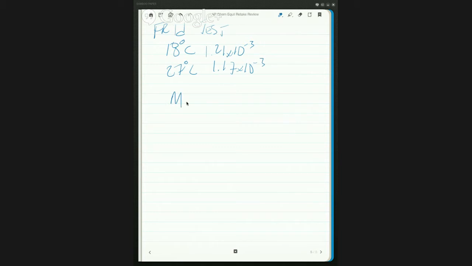And our equation is MgF2 solid in equilibrium with Mg2+ aqueous plus 2F- aqueous. Now what's happened is they have caused a shift by increasing temperature, a shift going this direction, just by increasing temperature.